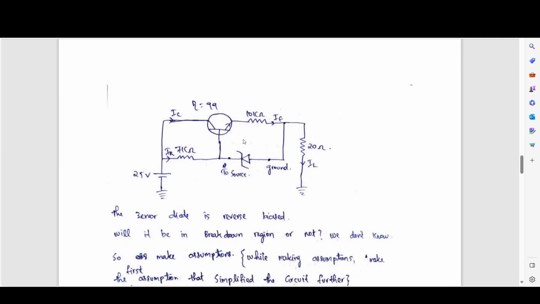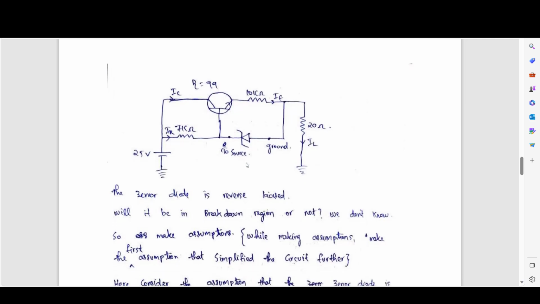But if it is not operating in the breakdown region, the current will be zero as shown in the graph. Then we can make it an open circuit.